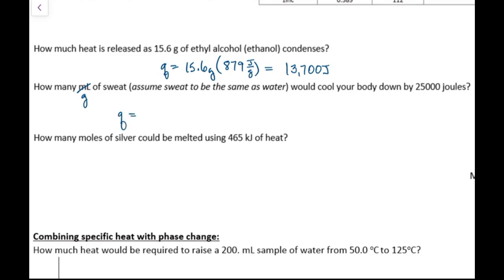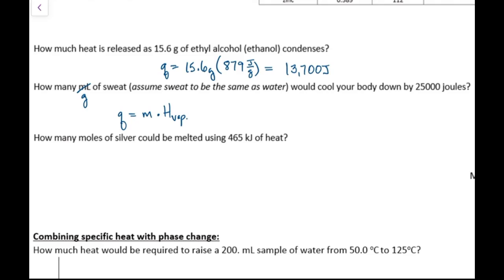So if I have Q equals M times HVAP, okay, and remember the reason I said HVAP is because we're talking about how does sweat cool you? It doesn't cool you by melting on your body. It cools you by evaporating, vaporizing, going from liquid to gas. As it leaves your skin, it cools you down. So we're not going to be using the heat of fusion this time.